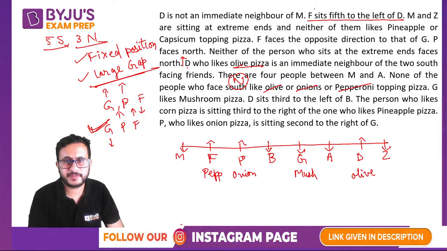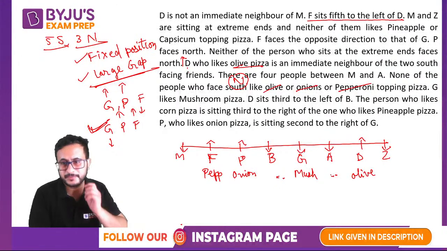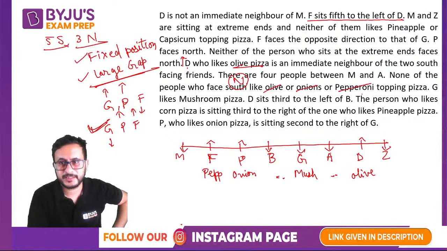And then we are given that extreme ends, they do not like pineapple or capsicum, right? So pineapple and capsicum will come in these two places. And corn is sitting third to the right of the one who likes pineapple. So if we take pineapple here, 1 2 3 is not possible, so this is pineapple, and this will be corn.